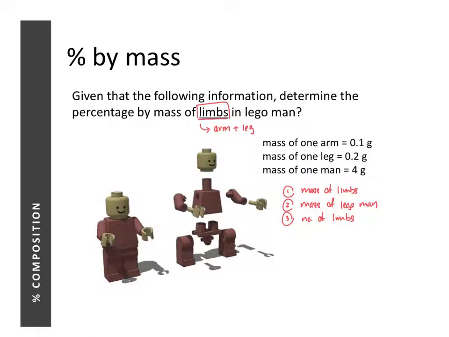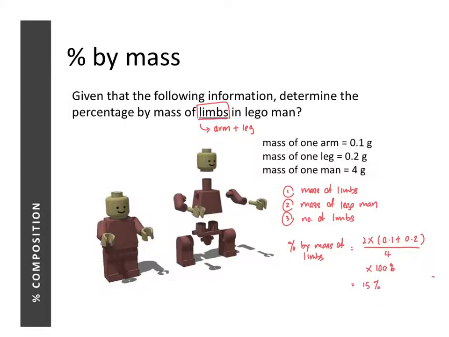Once we have these 3 pieces of information, we can find the percentage by mass of limbs to be equal to 2 times 0.1 plus 0.2. That is the mass of 1 arm plus 1 leg. But in the Lego man there are 2 arms and 2 legs, so we need to multiply by 2, divided by the mass of whole, times 100%. And that will give us 15%.